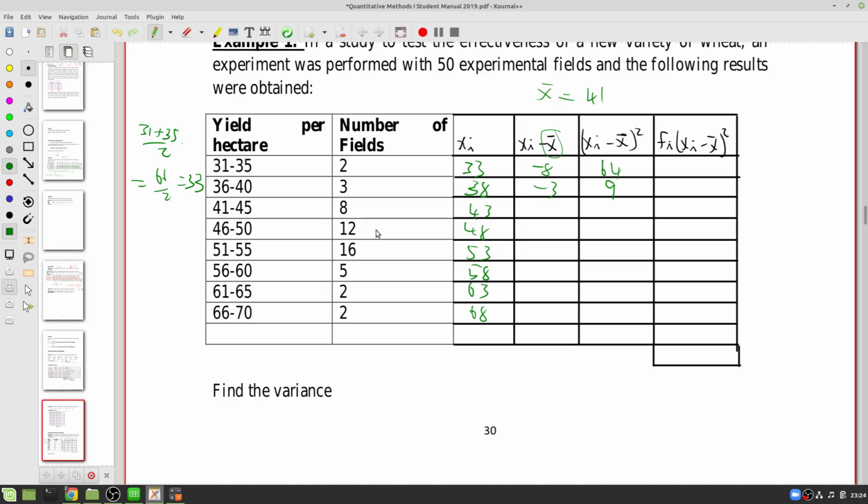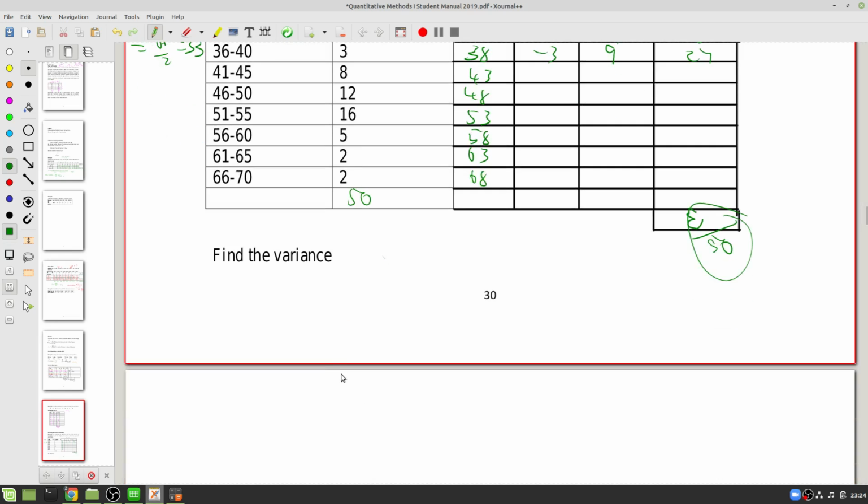In this case, this is the frequency, so 2 times 64 would be 128, 3 times 9 would be 27, and you fill all of this in, sum this column, and divide it by how many things there are. So in this case, they tell us it's 50. If they didn't tell us, we'd have to count all of this up and see that it adds to 50. Great, and that is again your, not standard deviation, your variance.